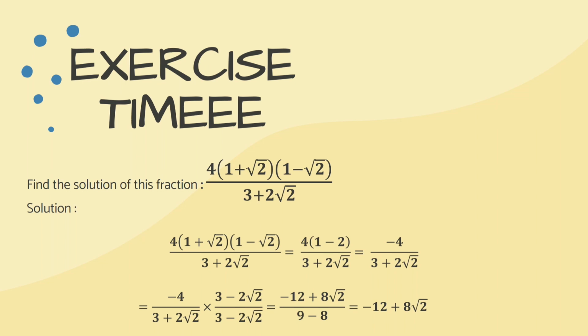So now we get the simple fraction from the equation. It is minus 4 over 3 plus 2 times the square root of 2. From the simple fraction, we can rationalize it by multiplying with the conjugate. And then we get the answer. So the answer from the question is minus 12 plus 8 times the square root of 2.